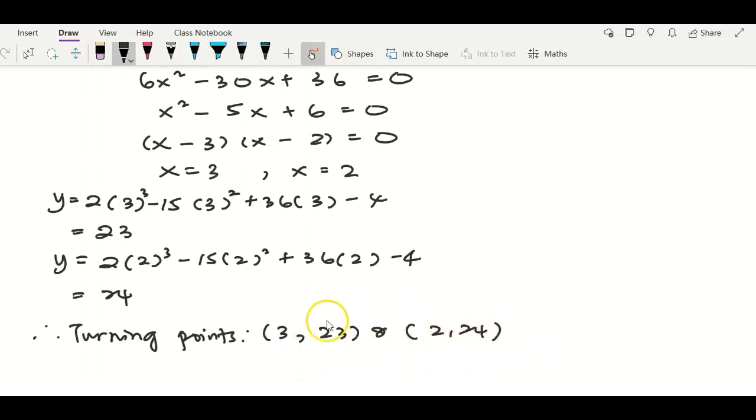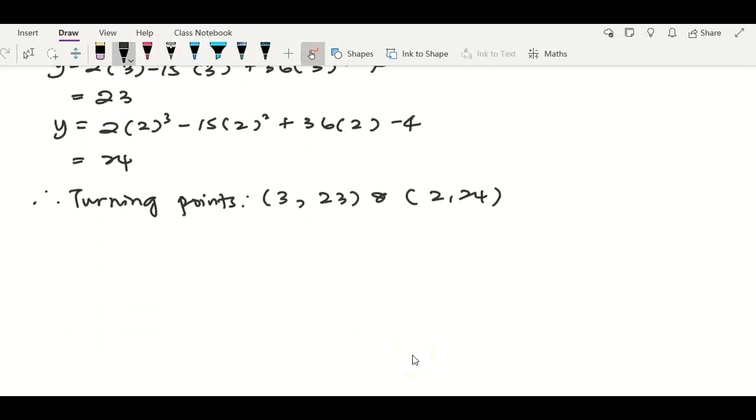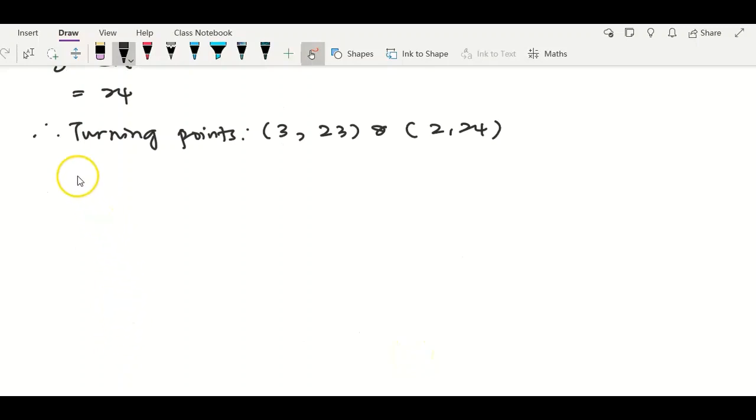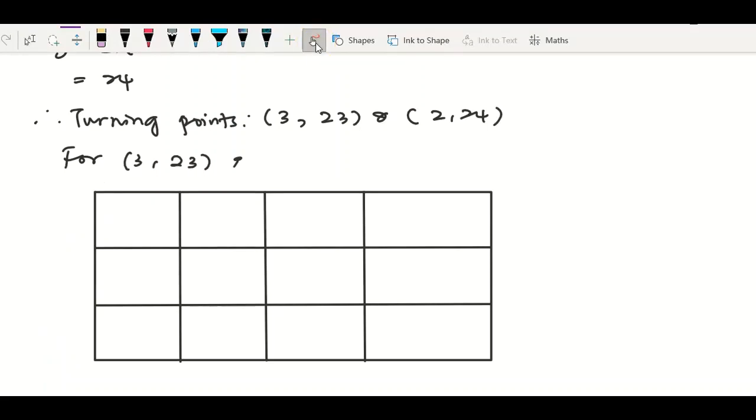Later on, we need to check the nature of these 2 points, whether each is a relative maximum point or relative minimum point. So for this question, I might use the first derivative test. For the first derivative test, you can sketch your table first. The table is supposed to be 3 rows and 4 columns.